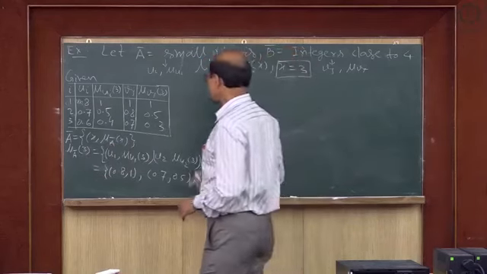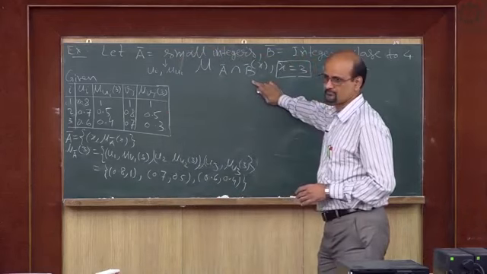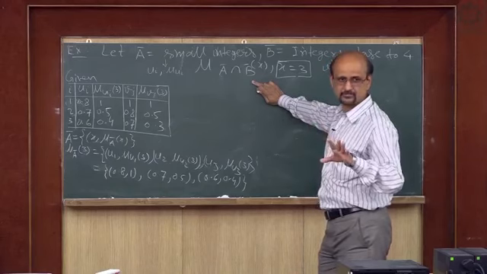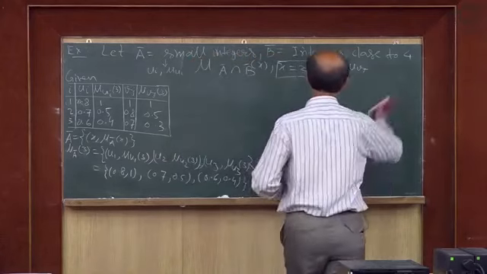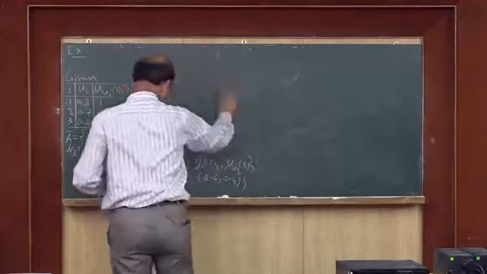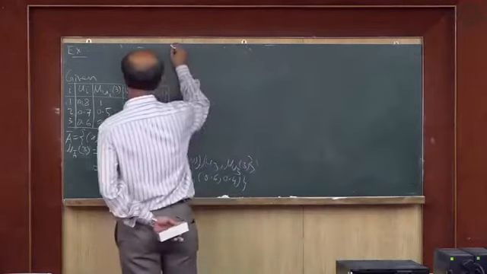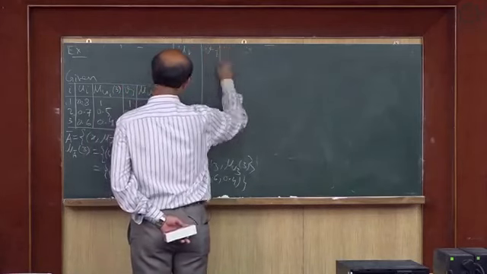Now I have to find mu A bar intersection B bar at x, so I have to follow those definitions that I have already written. Let us erase something. Now I have to make a table: ui, vj.